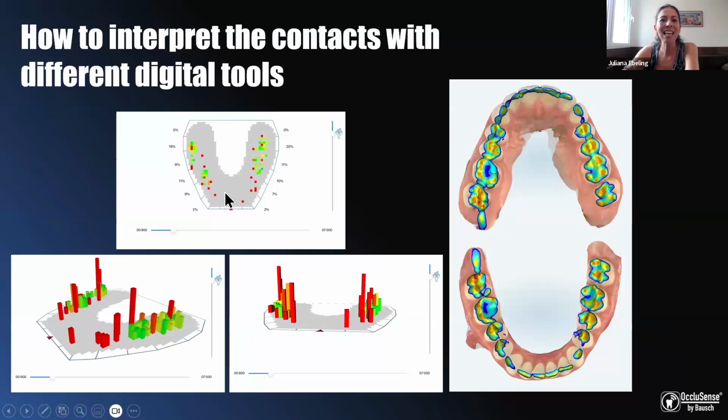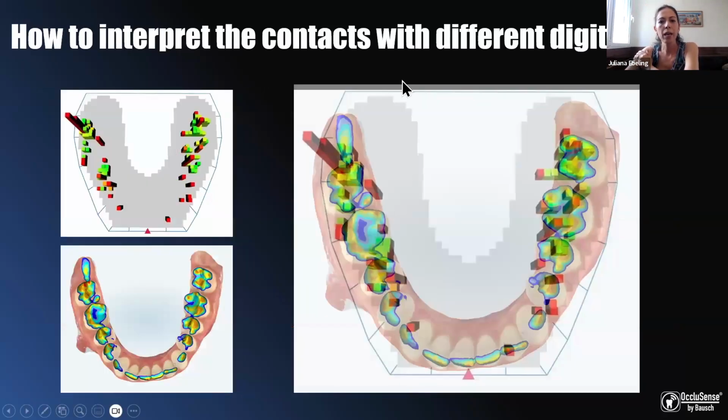So can I relate the data that I find with scanners and with OccluSense? Yes. My answer is yes, we can. For example, here is the first contact, and the others look like the intensity is less, exactly because the distance is lower, but we can relate to that.